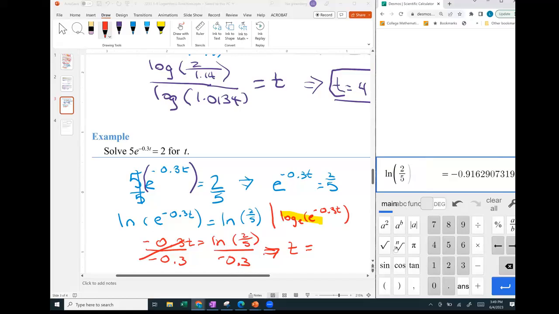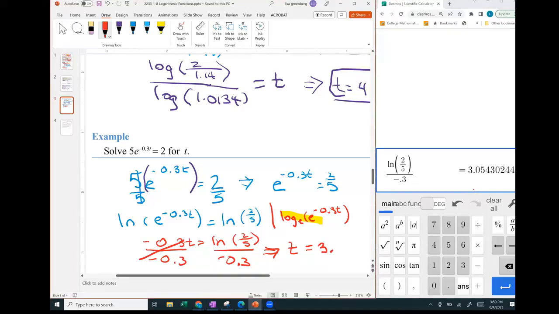That's my numerator. I'm going to take this numerator and divide it by negative 0.3. And my answer is t equals 3.05.